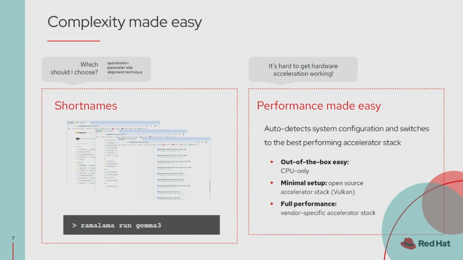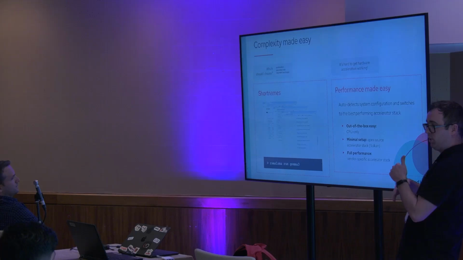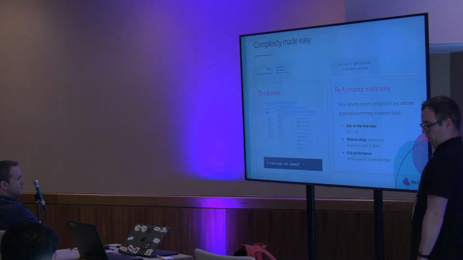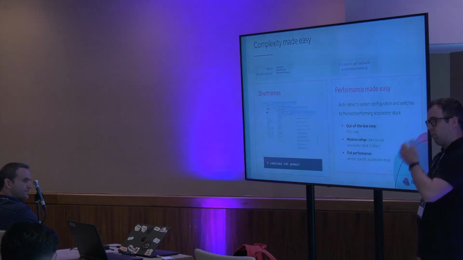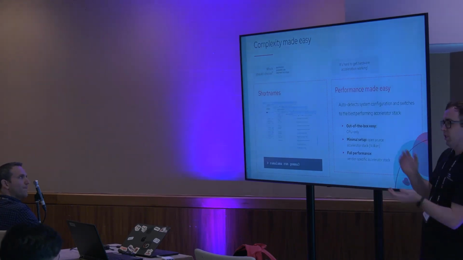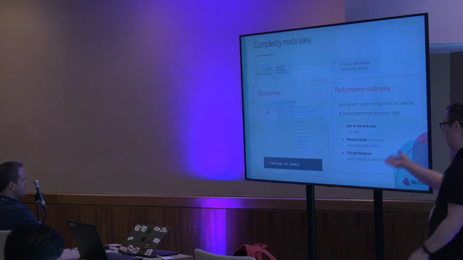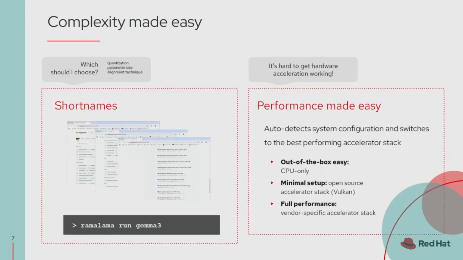Say RamaLama decides, oh, we're going to automatically pull down CUDA because we detect an NVIDIA GPU somewhere, you might say, well, I want to use Vulkan because I want to use the open source implementation. It's a smaller container image. You can select Vulkan as an alternative to CUDA. So it's very flexible that way.